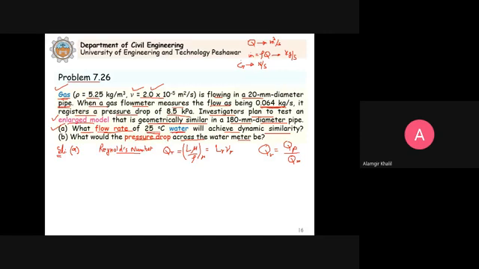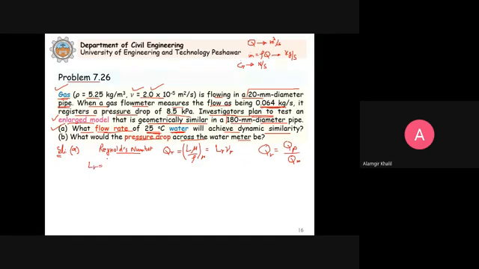So at 25 degrees centigrade, water viscosity you can read from the table. Now LR you can calculate, because the diameter is given in the prototype and the diameter is given in the model. So we can easily first calculate LR.